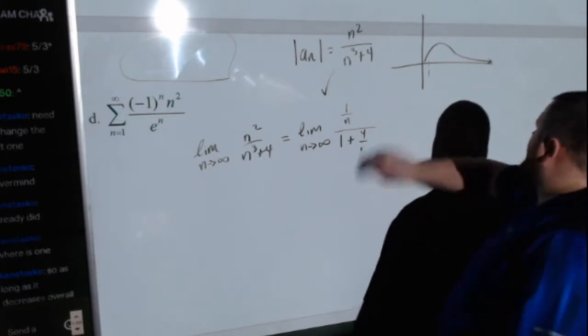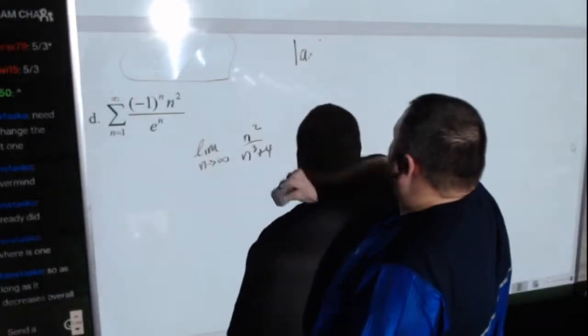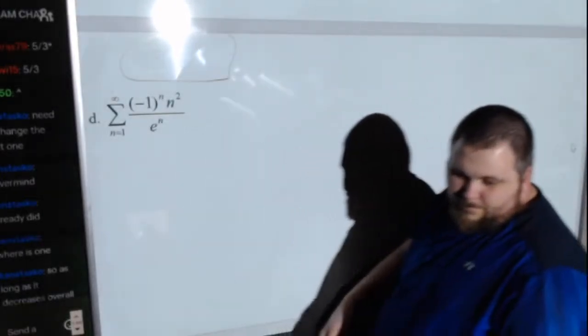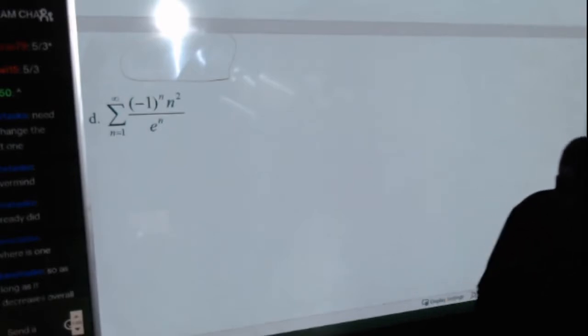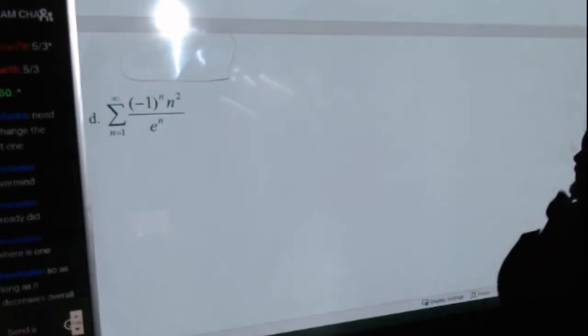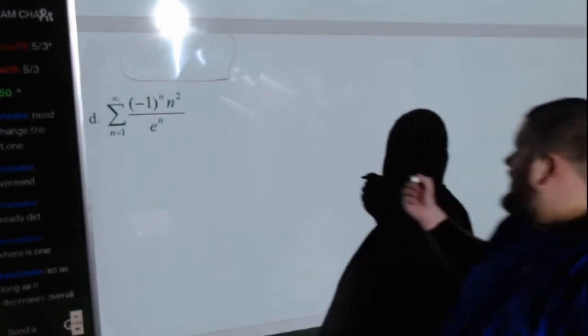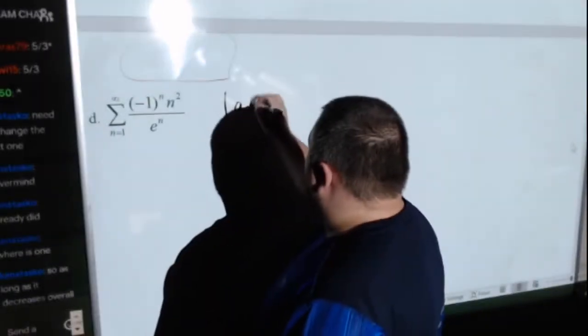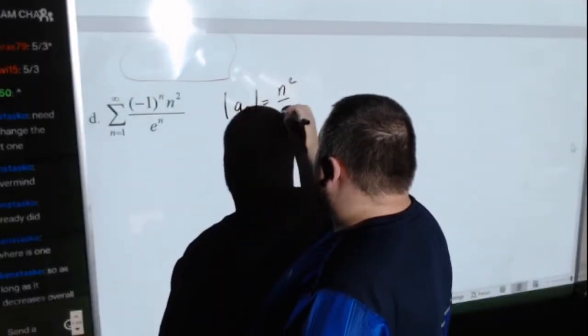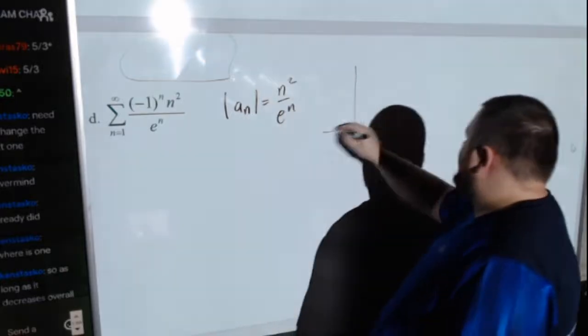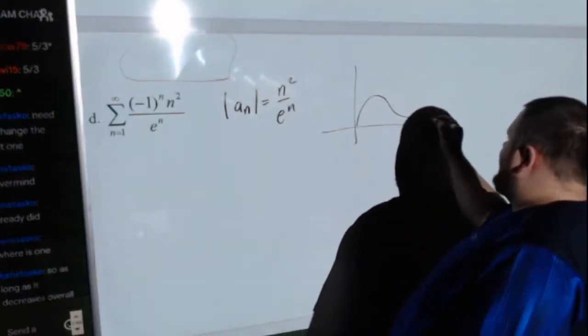So let's look at this last one. The absolute value of a sub n is n squared over e to the n. Again, if you graph it, you get that same kind of behavior.